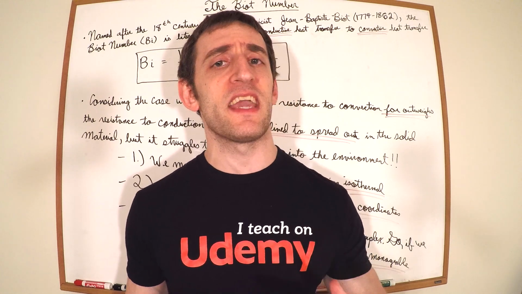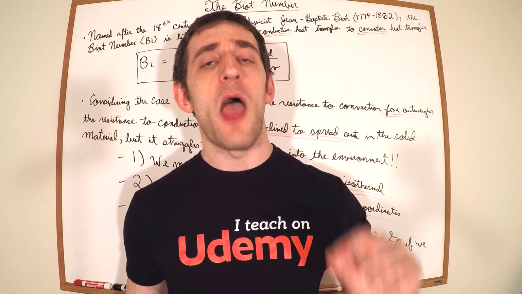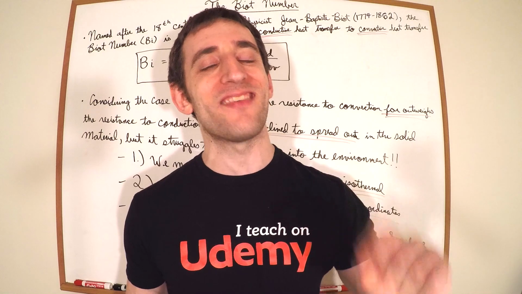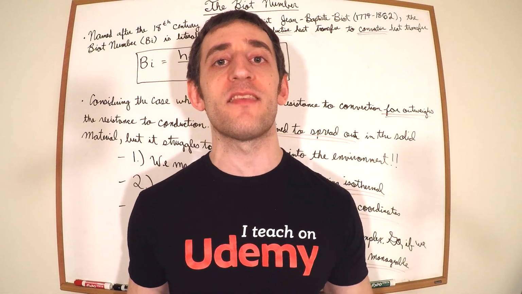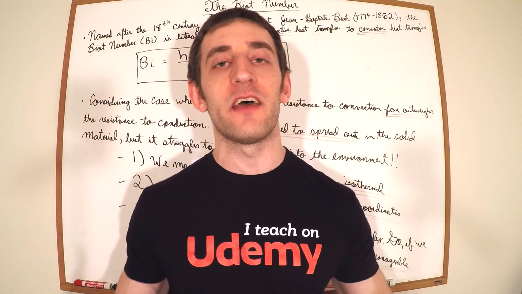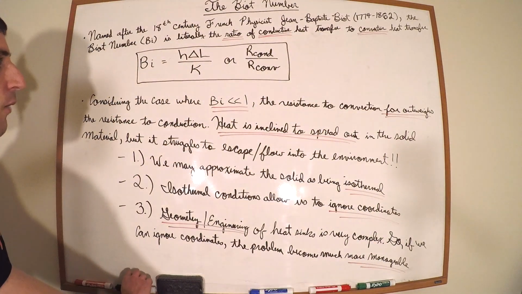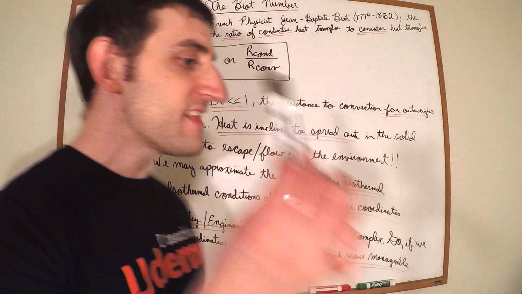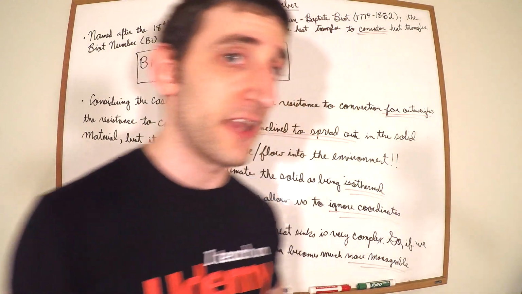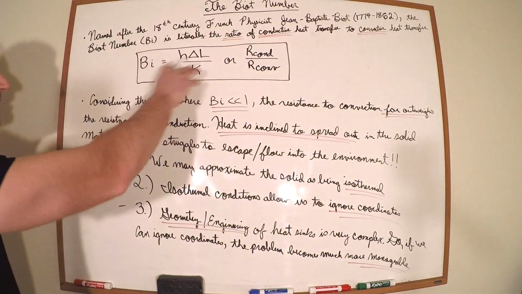What is its significance? Why should you care? And why is this so important and essential to the analysis of heat sinks and heat transfer in any kind of PC rig you've built? The first thing I want to make note of is that this is a non-dimensional parameter. To prove that, we can look at the units.